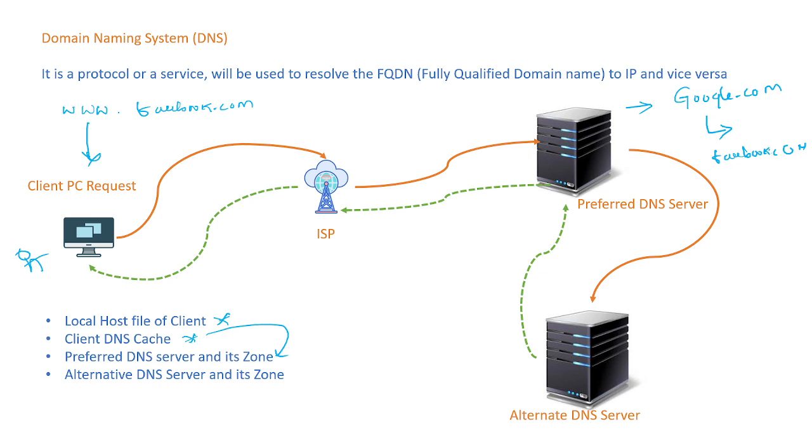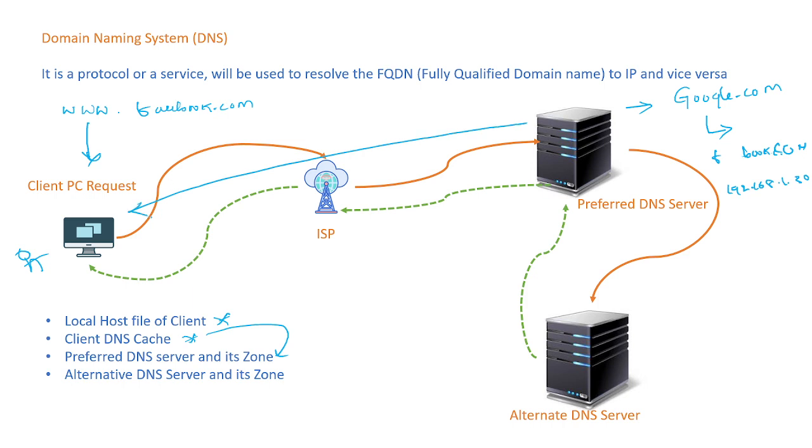And what is the IP address? Say, for example, 192.168.1.30. If the entry is there, it will retrieve the information from this preferred DNS server, and then that entry will be sent back to the user here.